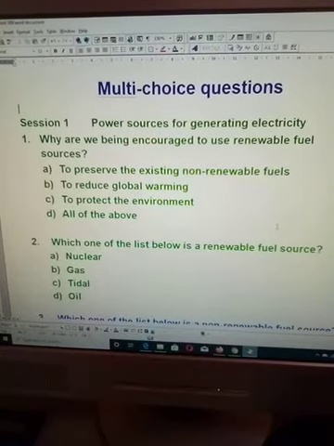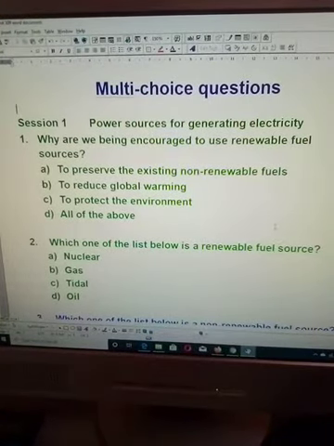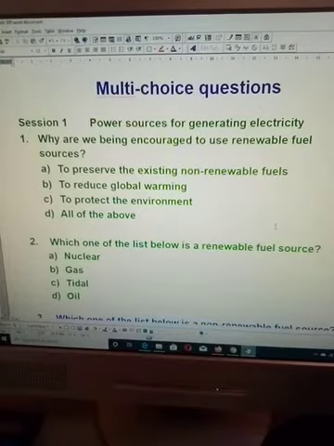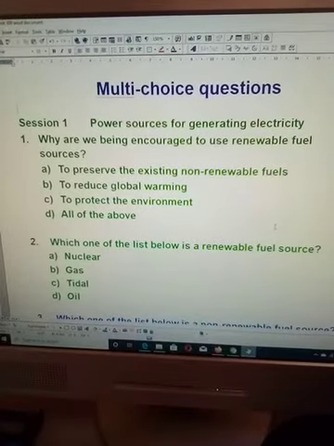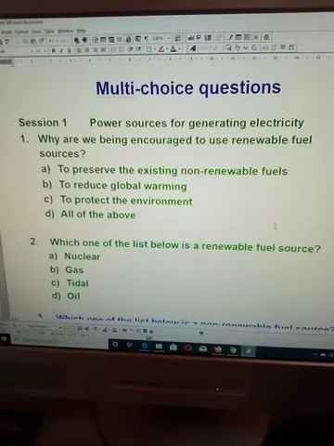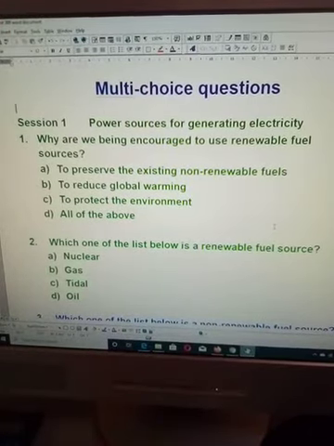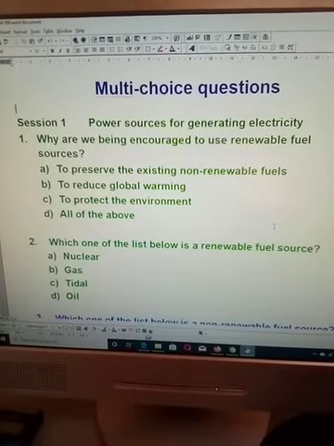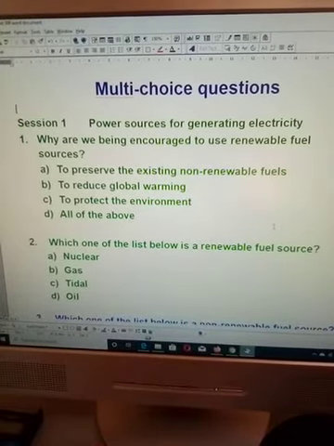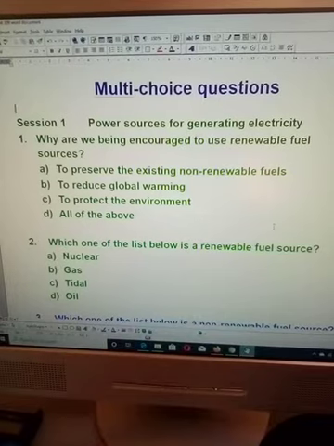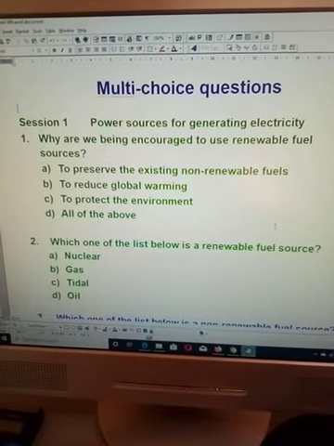If you haven't got those handouts, then you need to look up the information on the internet using power sources of generation. You'll find that it comes up with quite a lot of information, solar panels, etc. And remember that we're now looking at trying to preserve the environment, so take that into account.